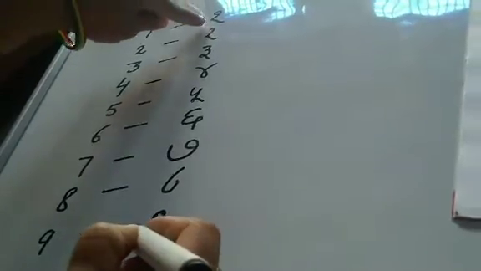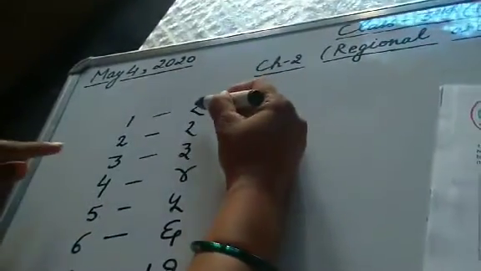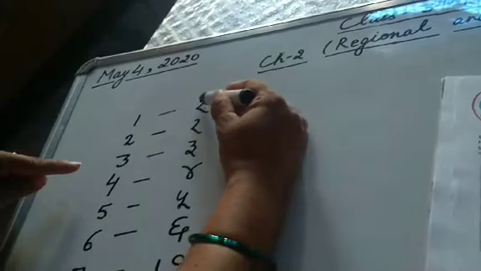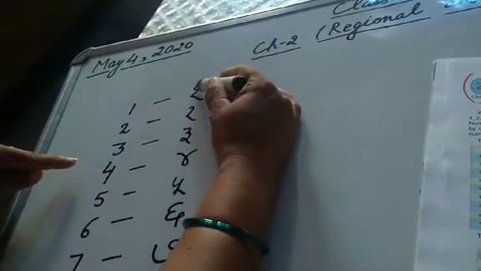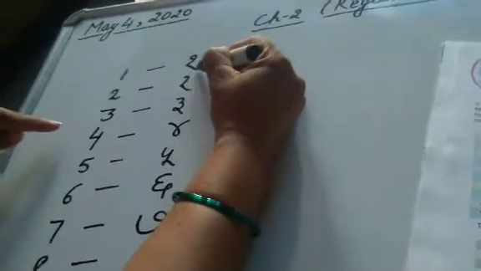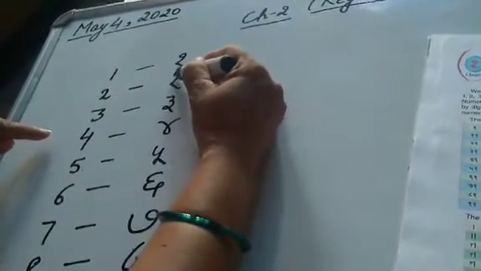See the difference between 1 and 2. In 1, there is a 0 type of circle, and then like this. In 2, there is no circle, only this.